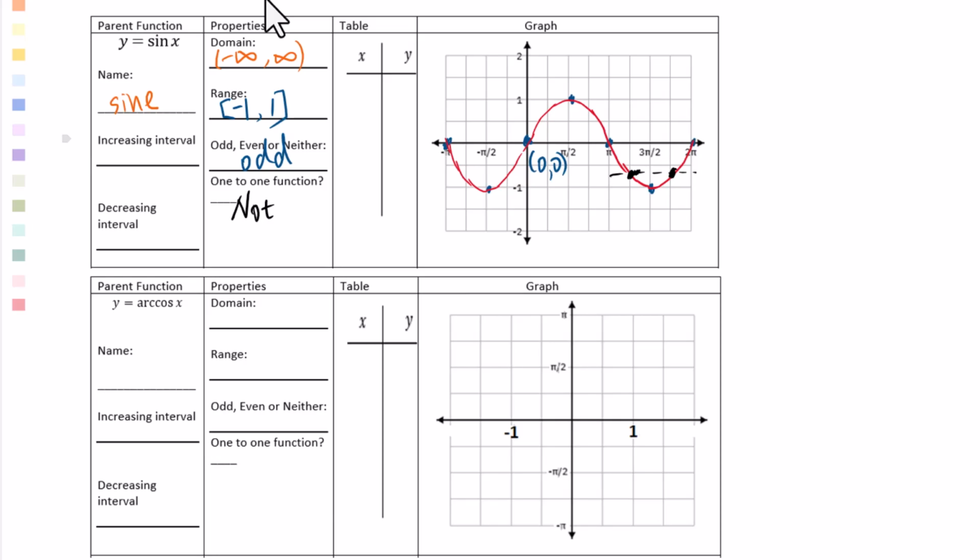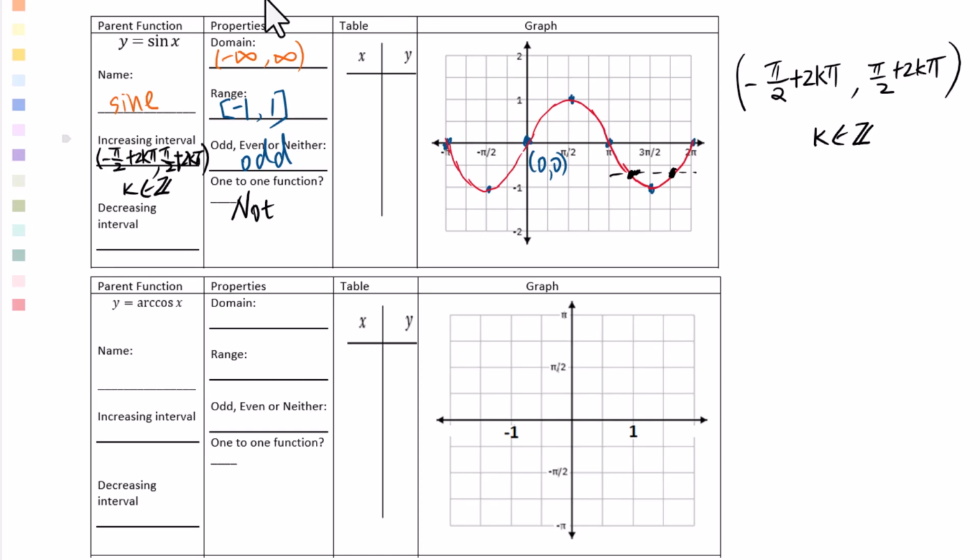Increasing interval: from negative pi over 2 to pi over 2, plus 2k pi, where k is all integers.